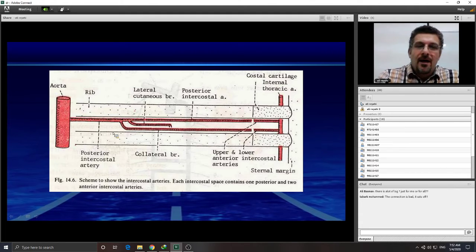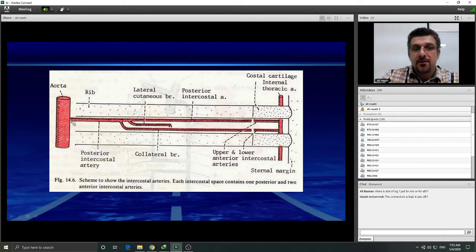If it comes to the posterior intercostal artery in this area, you can see this is the descending aorta or thoracic aorta. We've got one posterior intercostal artery that, in the typical case, arises from the aorta.